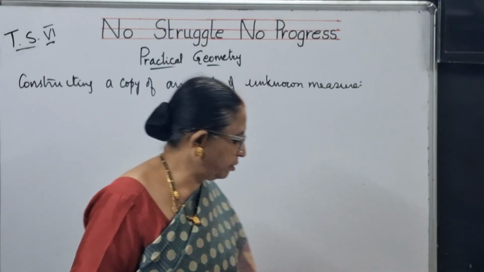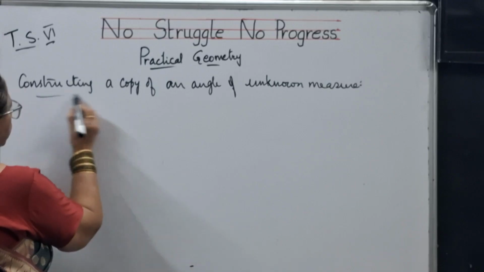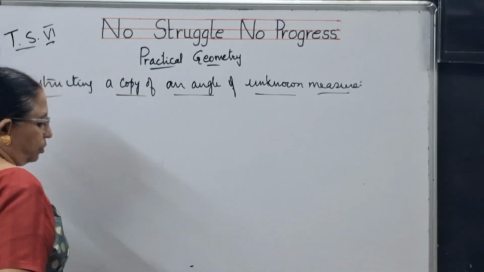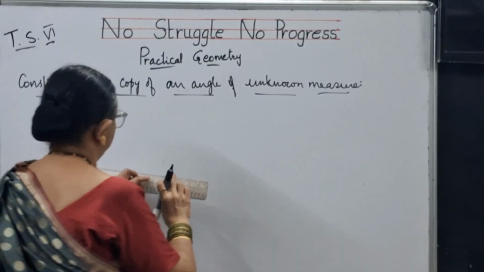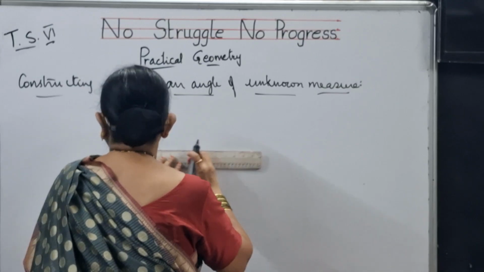Now the next part is constructing a copy of an angle of unknown measure. You don't know the measure. Suppose they have given an angle like this.